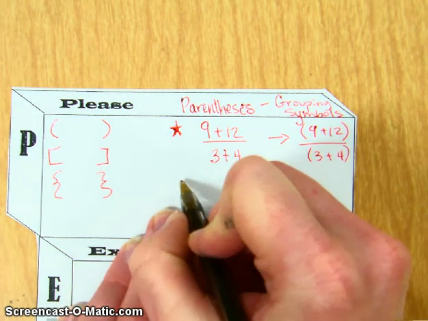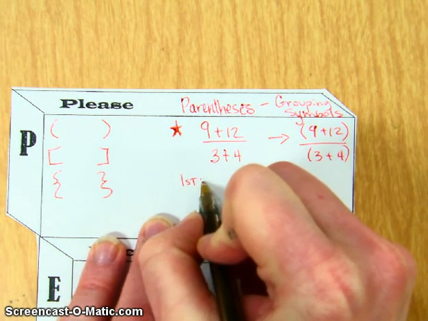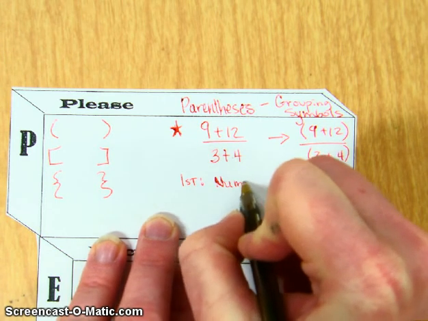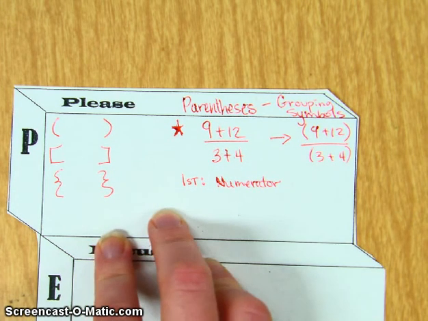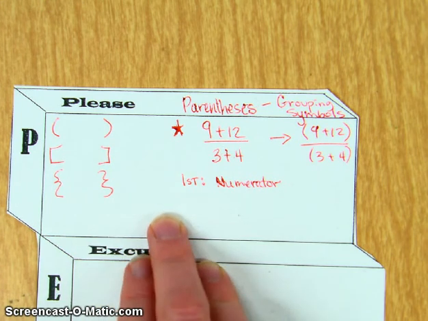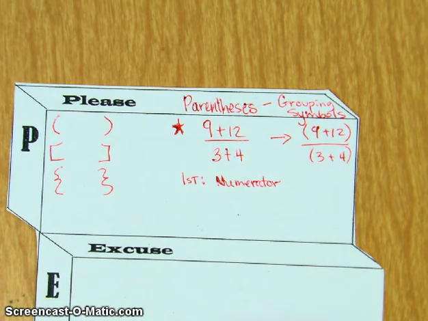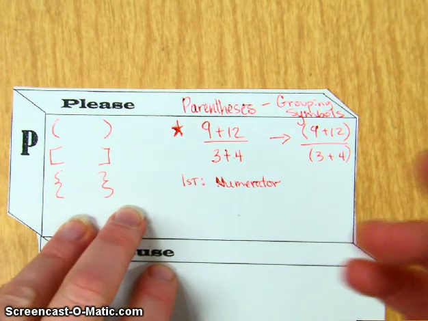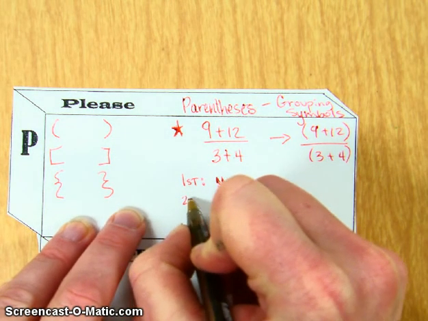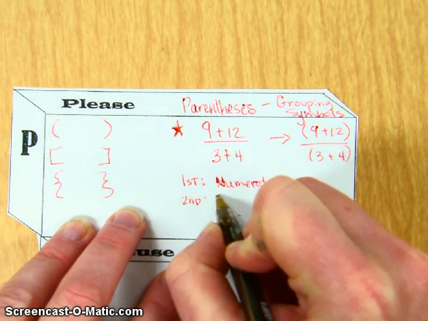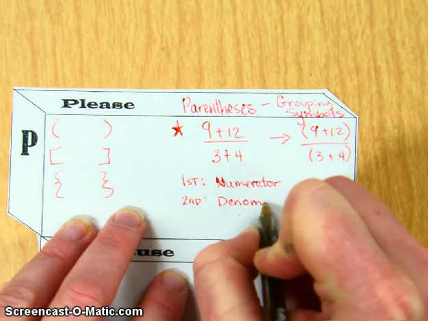So that means first, you're going to do whatever operations you need to take care of in the numerator. Take care of the numerator first and follow your please excuse my dear Aunt Sally: parentheses, exponents, multiply, divide, add, subtract. Then after you take care of your numerator, second you take care of whatever is in your denominator.